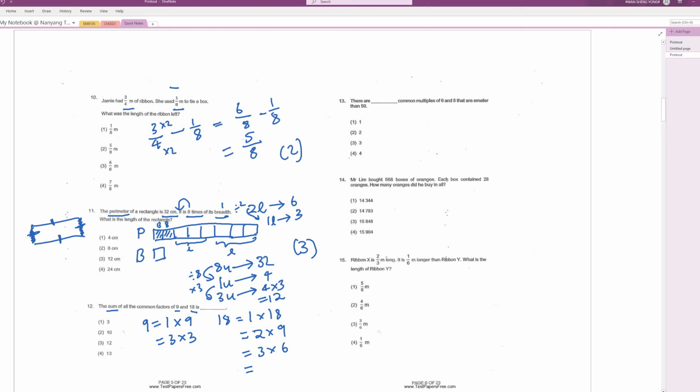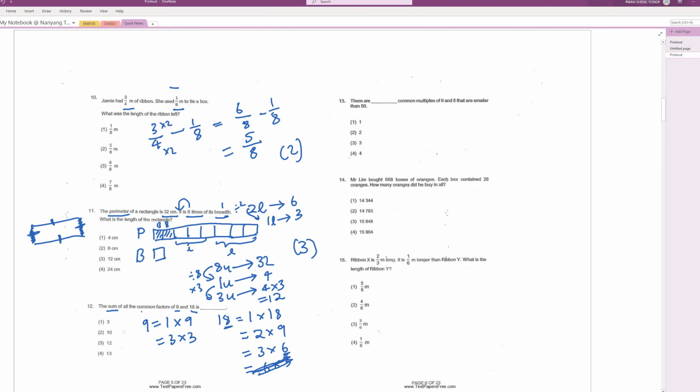And 5 is also not a factor of 18 because the number does not end with 0 or 5. Then we move on to 6. 6 times 3 will give 18. However, we do not need to write this statement because 6 has already appeared. 3 times 6 is the same as 6 times 3, so we do not write this working.